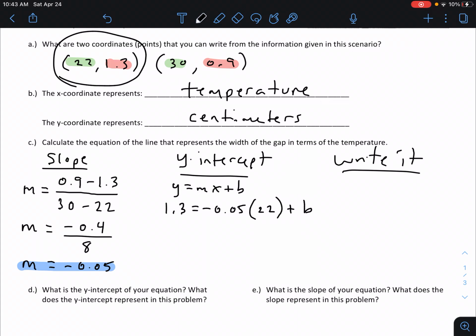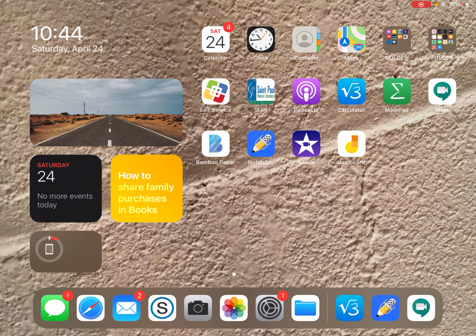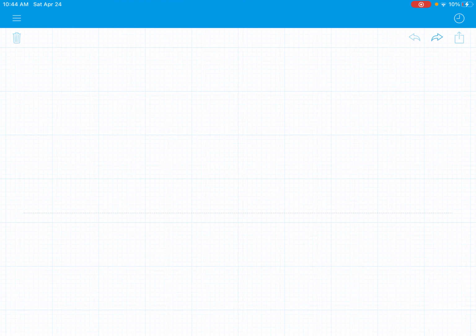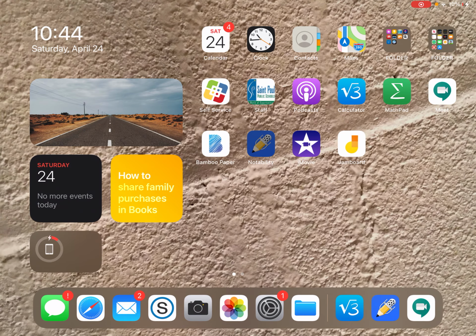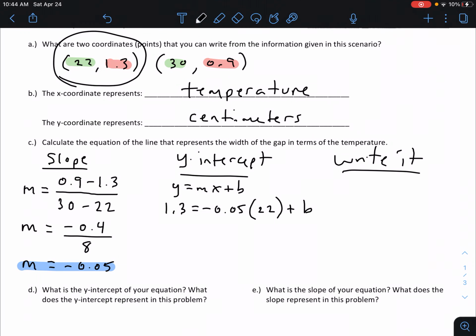Now, again, we have a number here that we can't necessarily calculate in our head, negative 0.05 times 22. So let's go over to our calculator and do negative 0.05 times 22 and see what we get. We get negative 1.1.